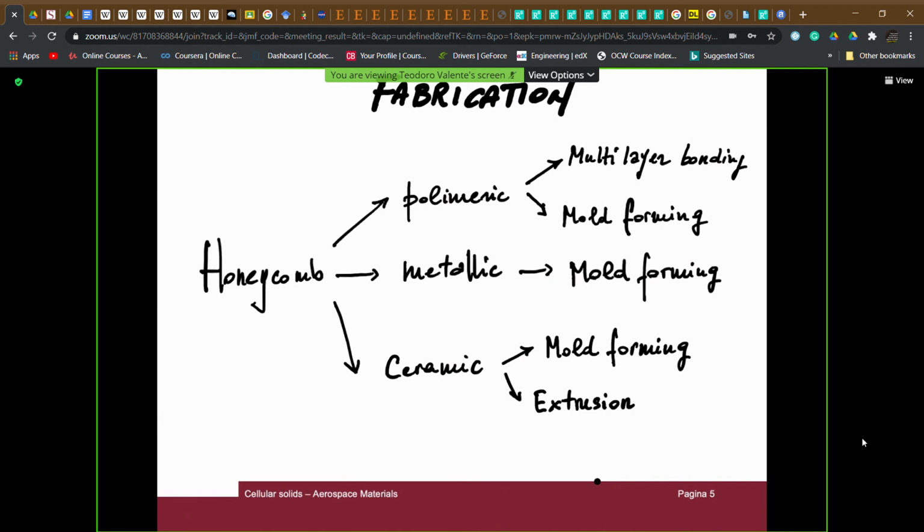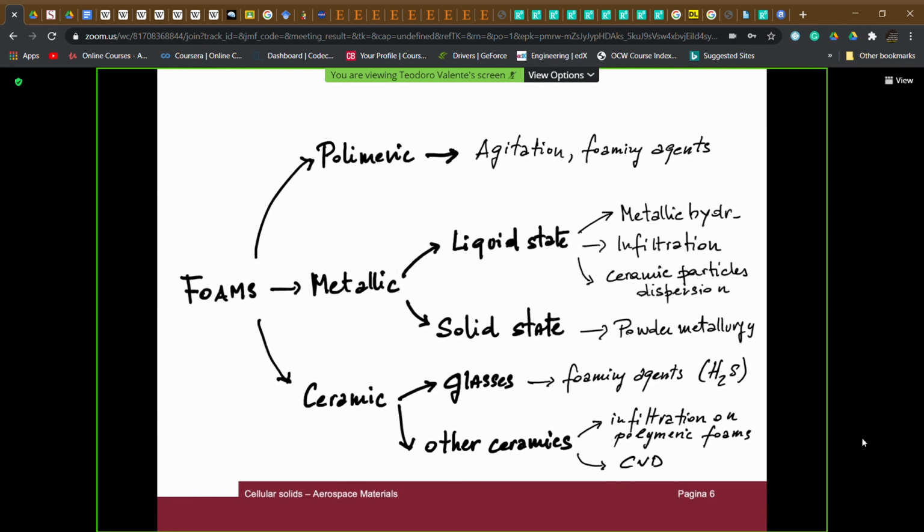So we can have, for example, multi-layer bonding or mold forming for polymeric based, mold forming for metallic, extrusion or mold forming for ceramics, as well as foams. They are also, let me say, very diffused in application. They belong to the field of cellular solids, and they can be polymeric or metallic or ceramic, with some difficulties.